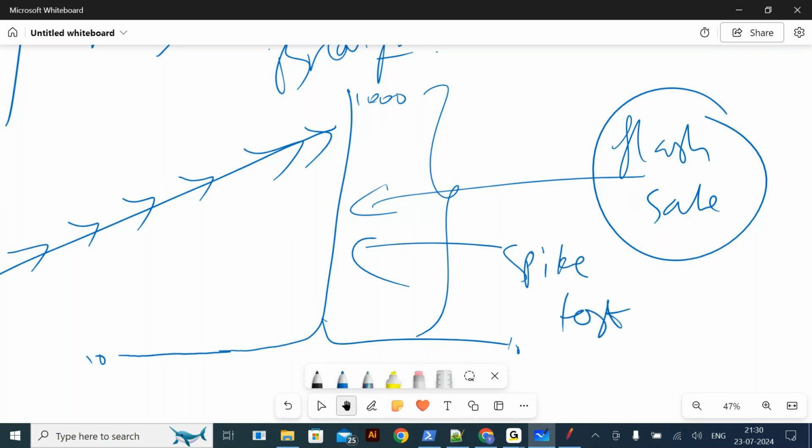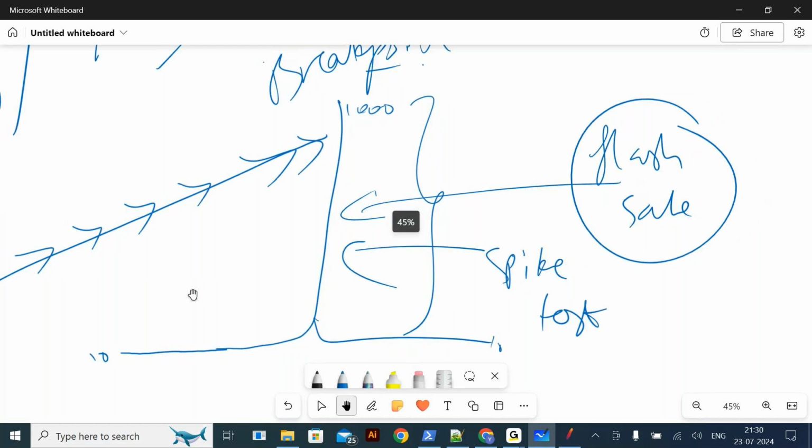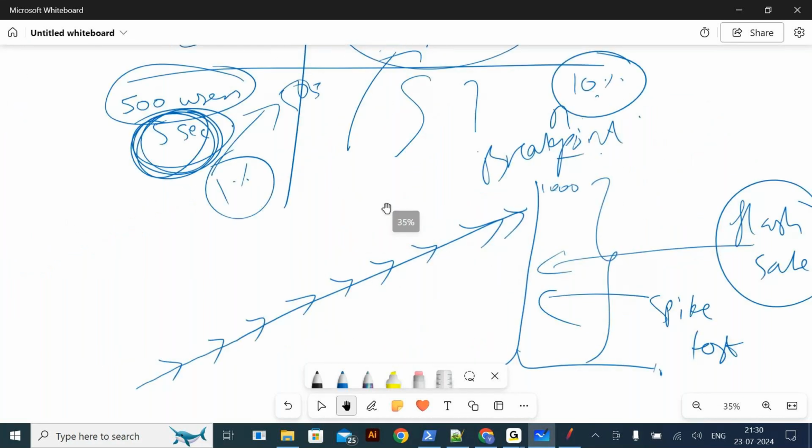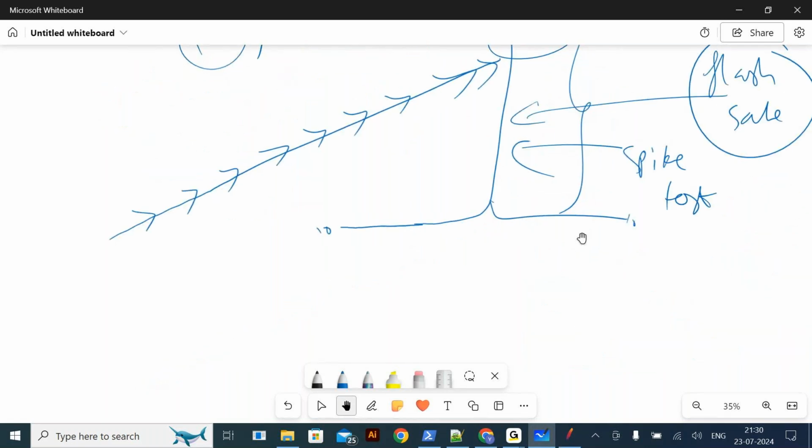Now see, 500 users load we have tested for the load test. Now, who will give you the SLA for spike test? The client. How many users do I need to put? Generally, the rule of thumb is it should be 40 percent of your load test.